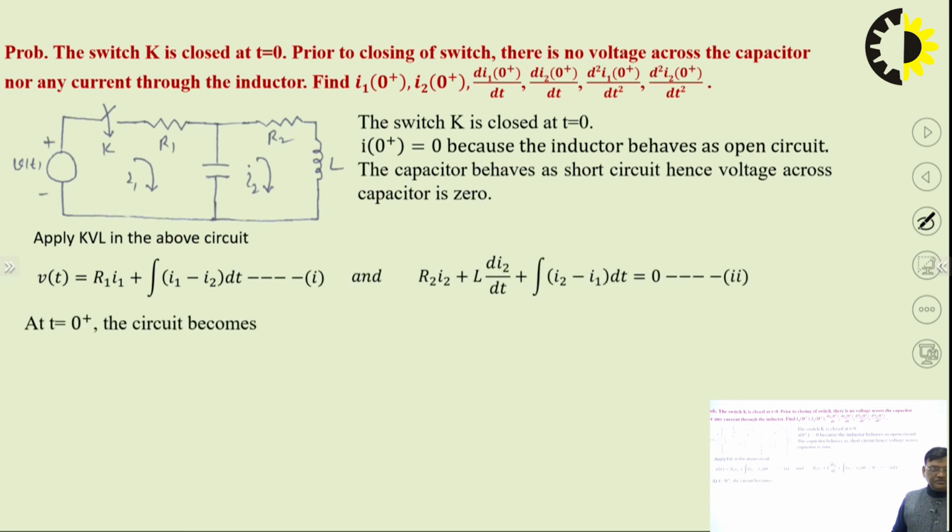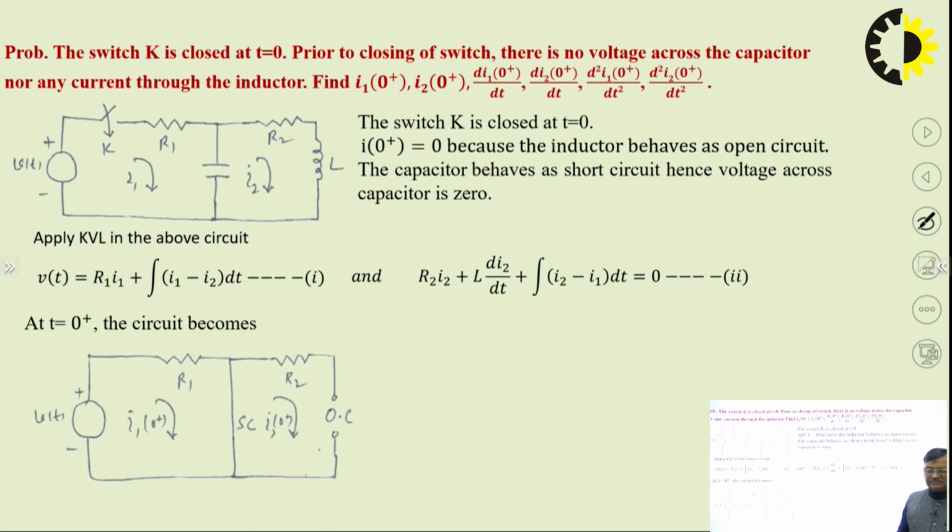Then at t equal to 0, the circuit becomes like this: inductor open circuit, capacitor short circuit, and we can find i(0+), i1(0+) and i2(0+). So, i1(0+) is V(0+)/R1 and i2(0+) is 0.